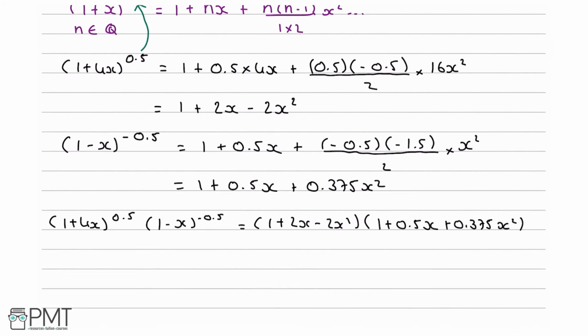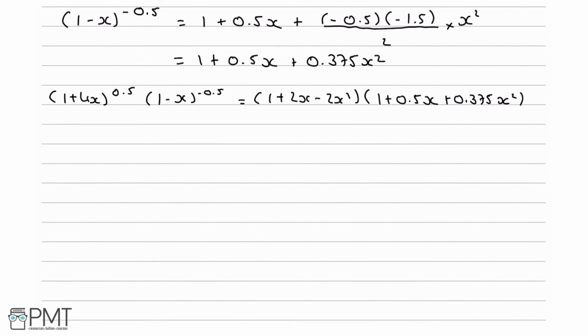So we're going to start 1 times 1, which is 1. So this is going to equal 1. And then 1 times 0.5x is 0.5x, so plus 0.5x. 1 times 0.375x squared is plus 0.375x squared.